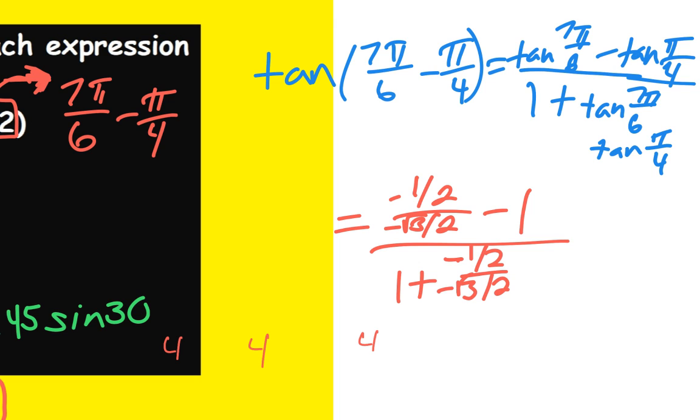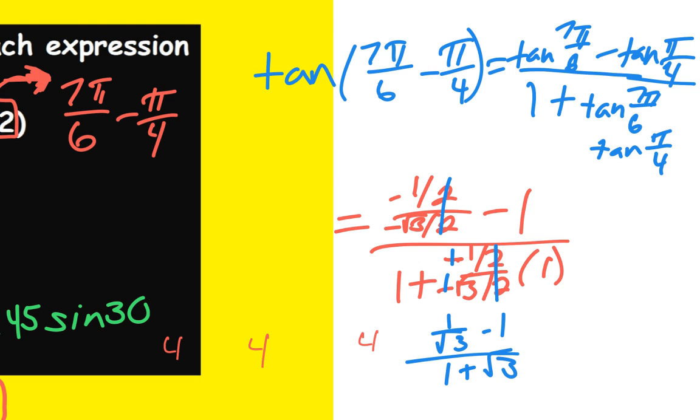And then tangent of pi over 4 is 1. So let's just do some reducing here. There we go. Those are gone. This is 1 over square root of 3 minus 1 over 1 plus negative square root of 3.